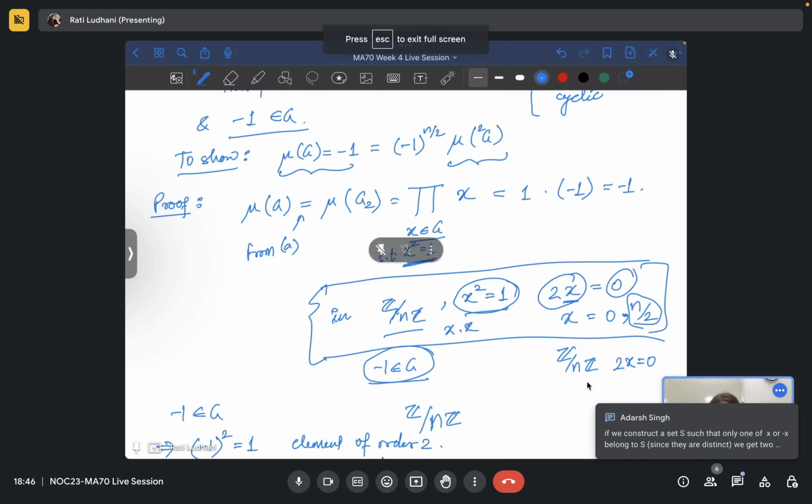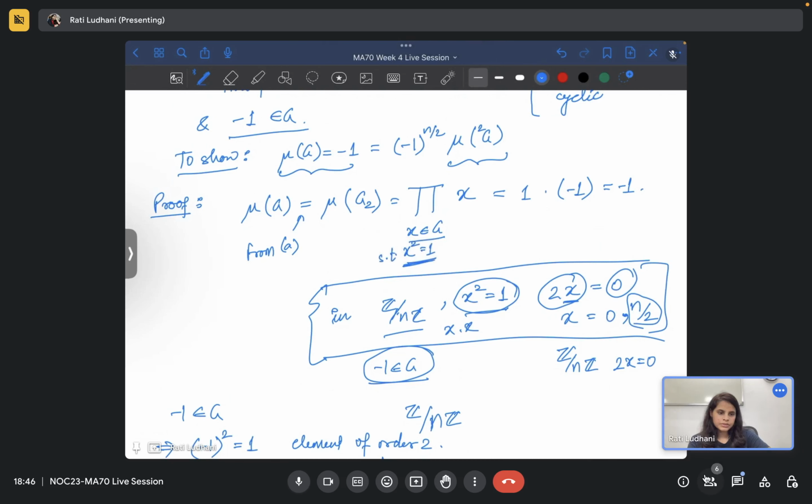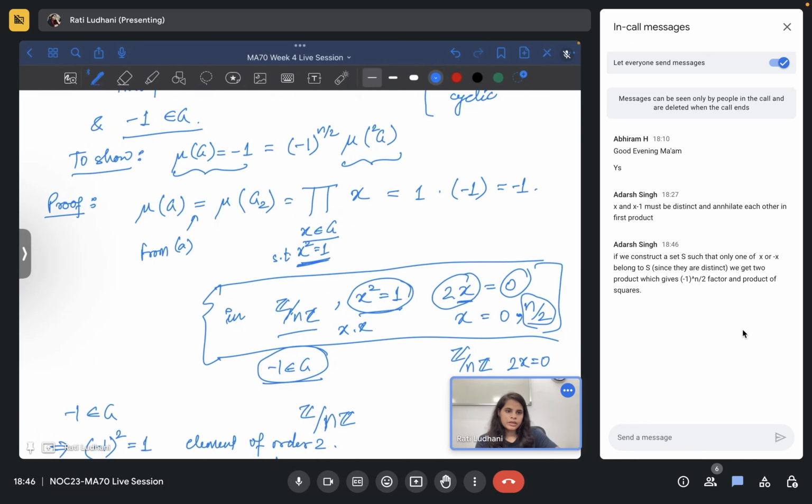If we construct a set S, so Adarsh has written something, I'm just reading this up. If we construct a set S such that only one of x or minus x belongs to S, since they are distinct, we get the product, which gives... I didn't get your comment.